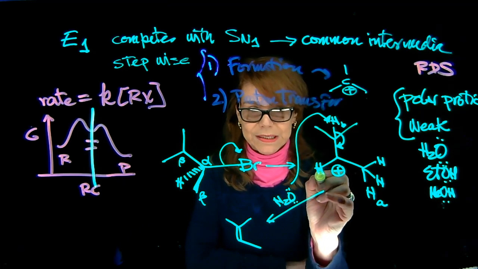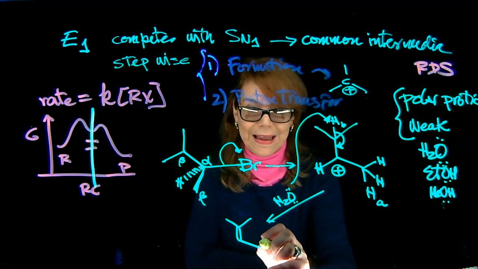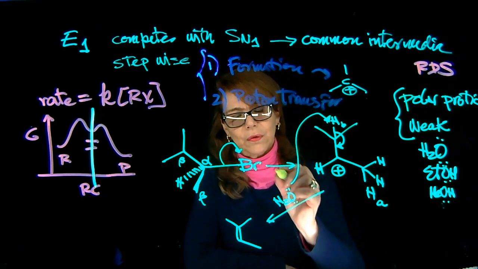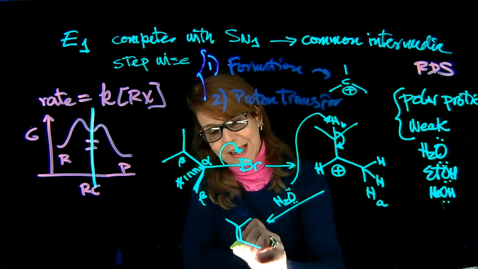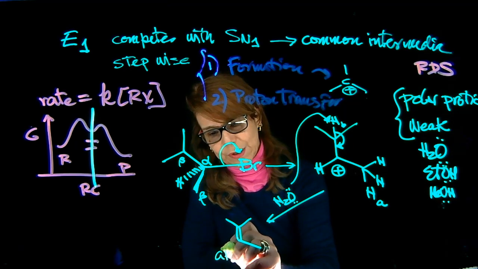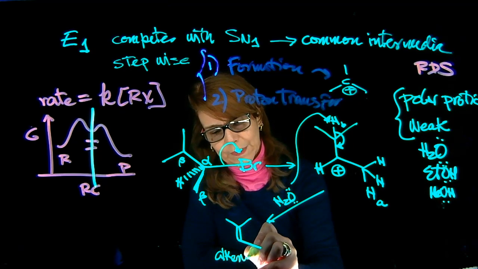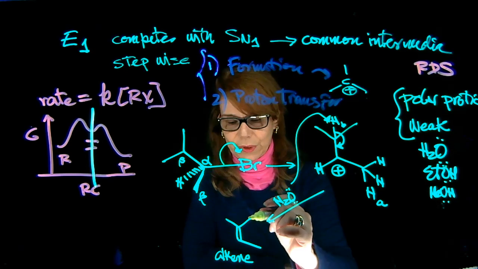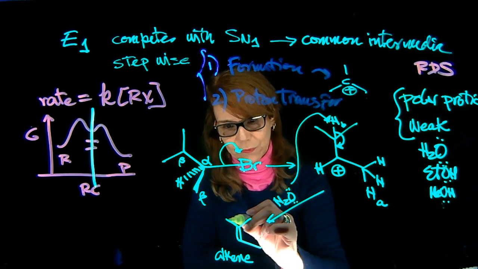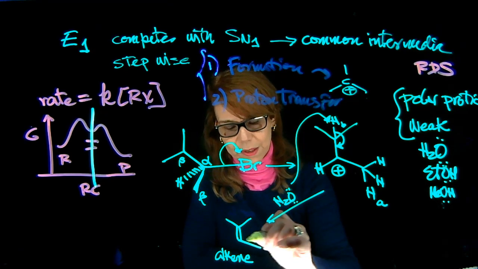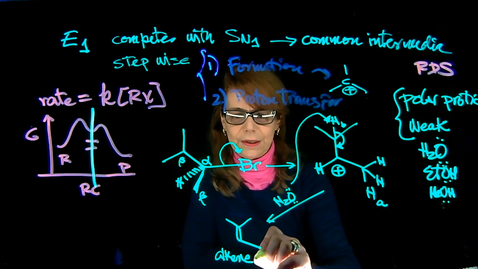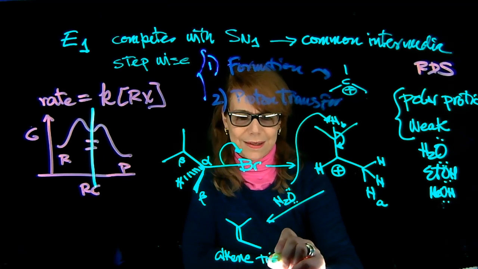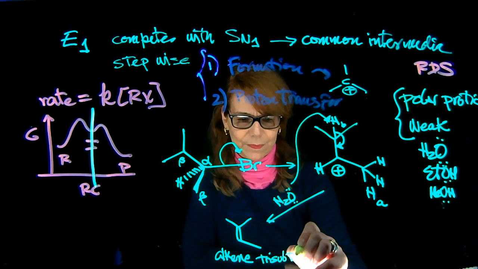Here is a methyl. So that's one product. Another thing that I want to say is that the alkene here is tri-substituted. Notice that at this carbon we have two methyl groups, and here one. Here you have a hydrogen, so you have three substituents. So the alkene here is tri-substituted.